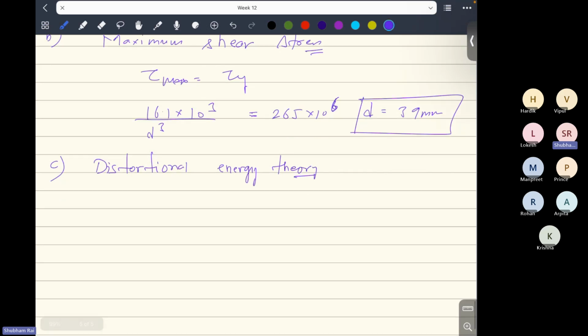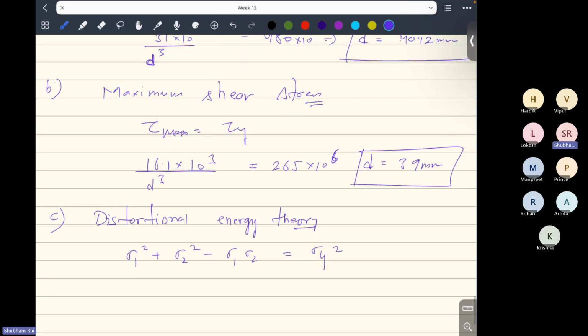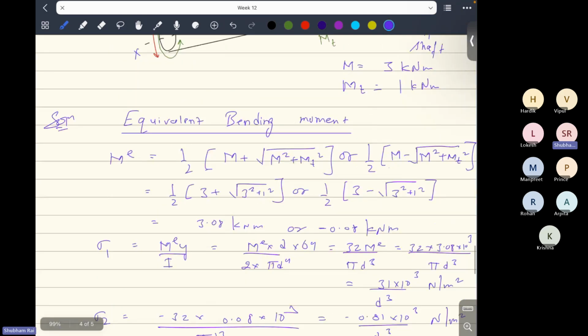So if you use that, you get sigma 1 square plus sigma 2 square minus sigma 1 sigma 2. So that should be equal to sigma y square. Now if you put all the values, so sigma 1 is how much?